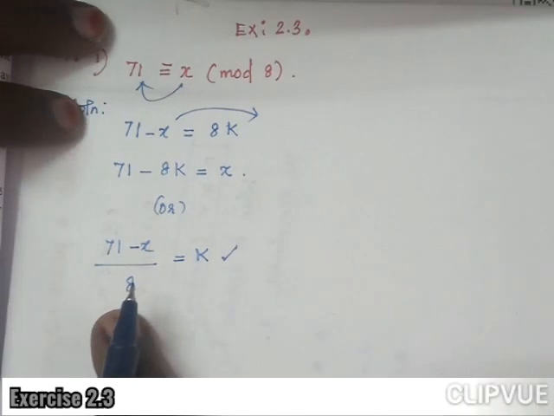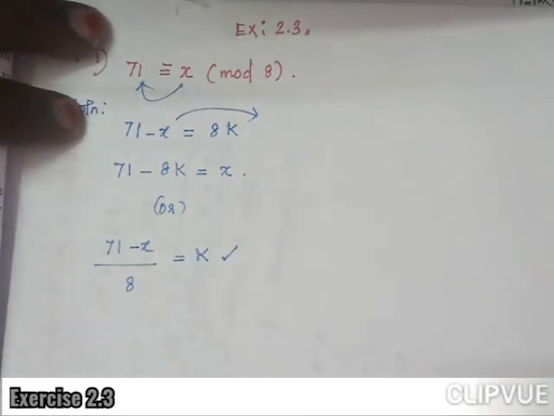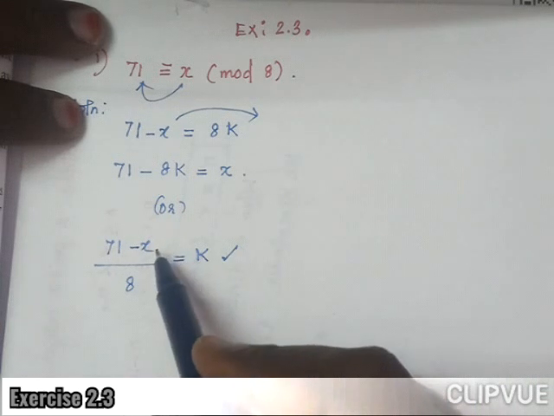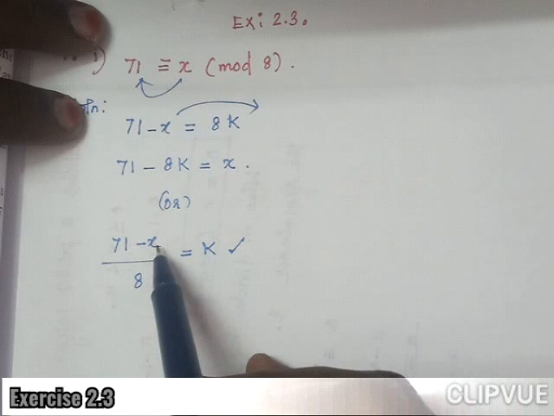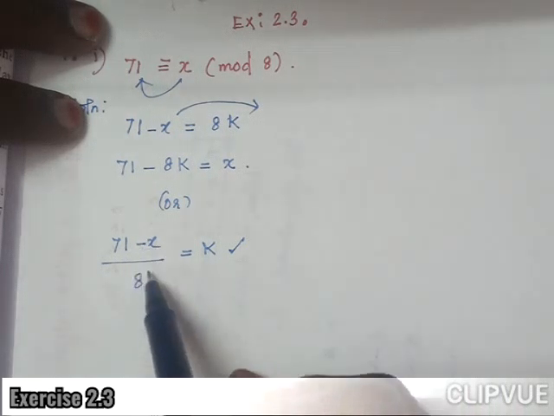Better we can take this equation to find the value of x. Now we are going to assign values to x. After assigning the value of x, it should be divisible by 8.